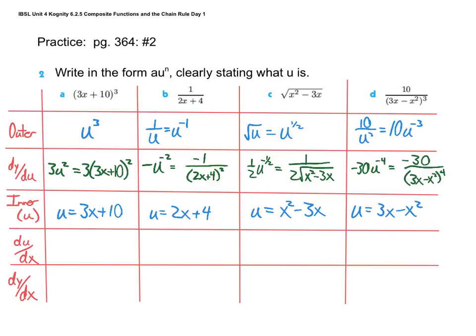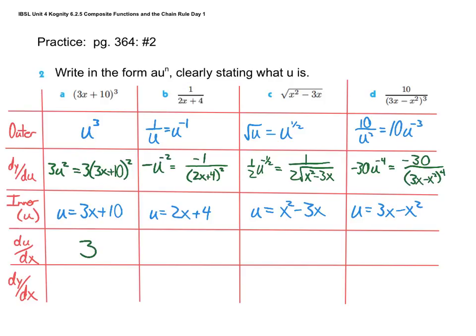Has everyone followed what we've done so far? Okay. Alright, so now we've got to do the du dx's. This is the really easy part because there's no substitution or anything. This is just the derivatives you've been working with. So what's the derivative of 3x plus 10? 3.